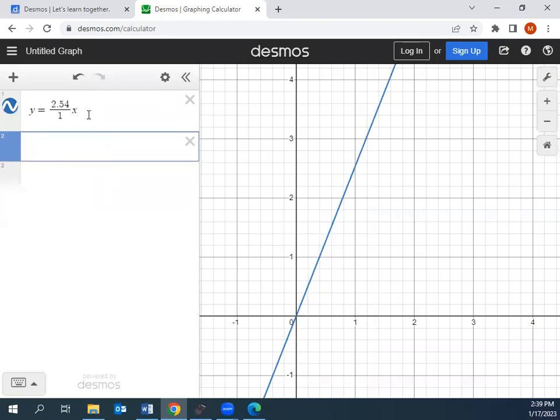Now I have a question for you though. What happens if I get rid of this over 1? What do you think is going to happen here? If I get rid of that over 1, what's going to happen to our line? So instead of y equals 2.54 over 1 x, it's just y equals 2.54x. What are our predictions?